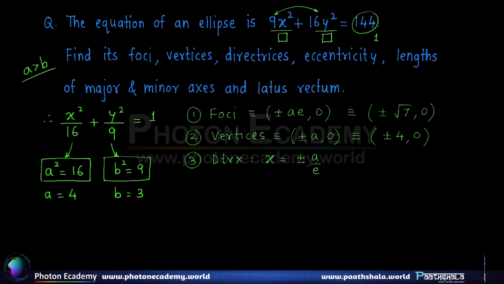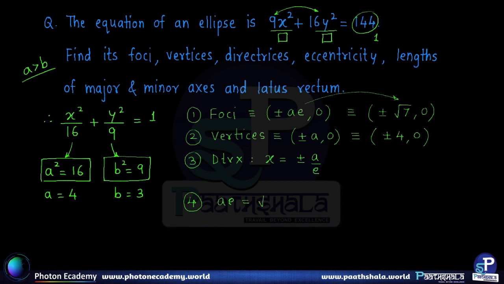If you observe, ae we found to be equal to root 7, but a is nothing but 4, so that gives us e equal to root 7 upon 4.